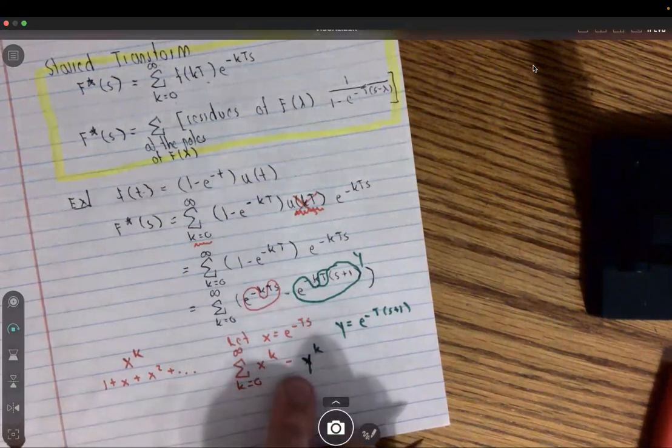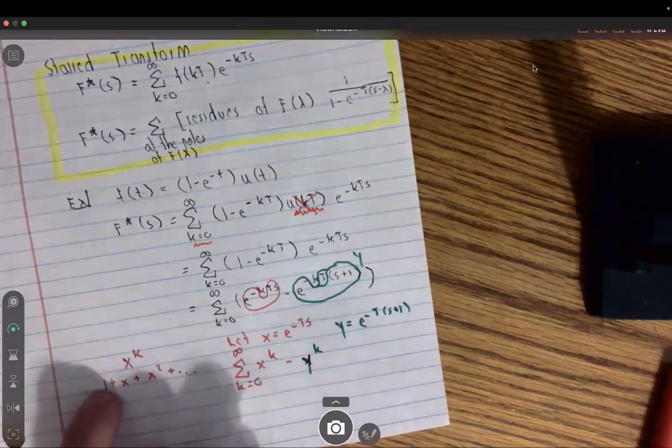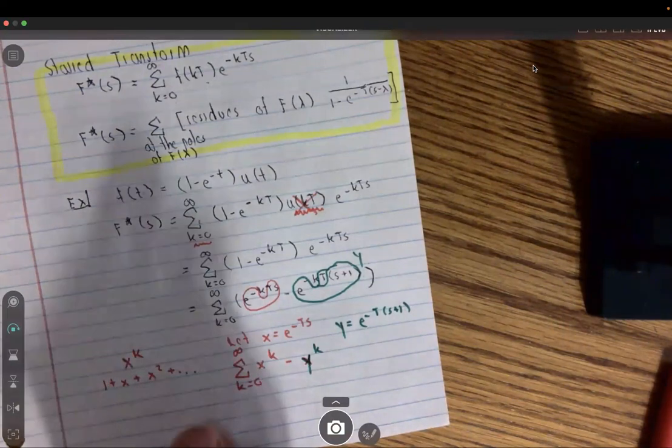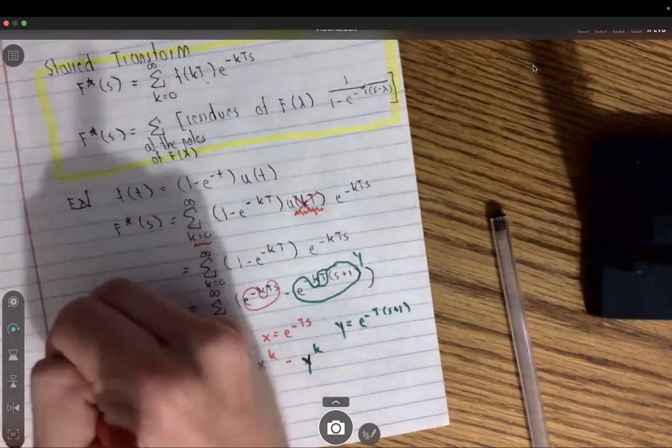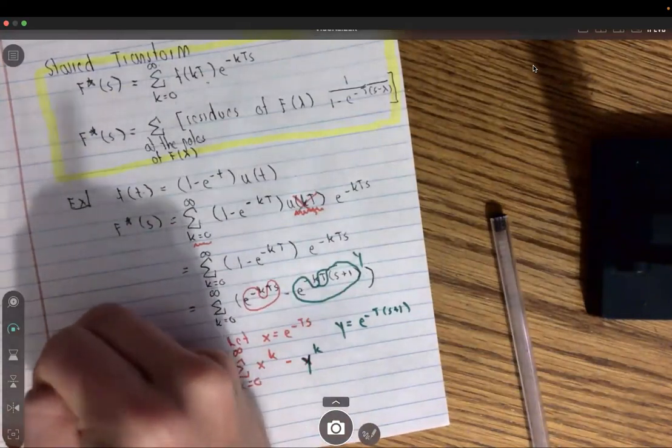And so what we're going to notice is we start from 0 and go to infinity, and this summation is x to 0, x to 1, x to 2, and goes to infinity. Remember, that summation was equal to 1 over 1 minus x.